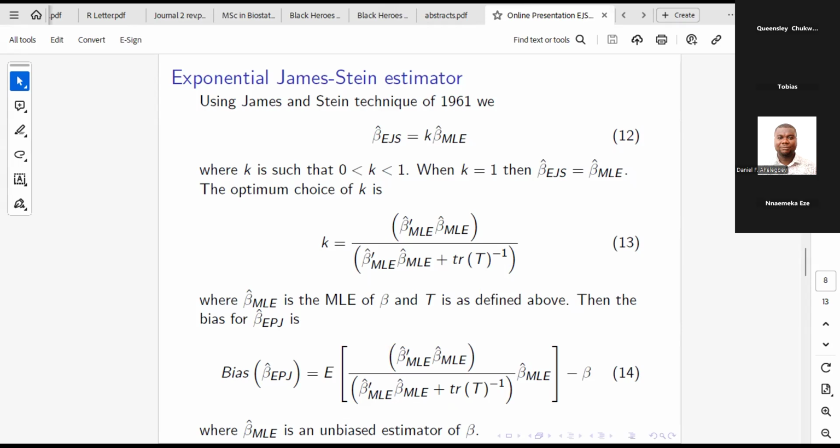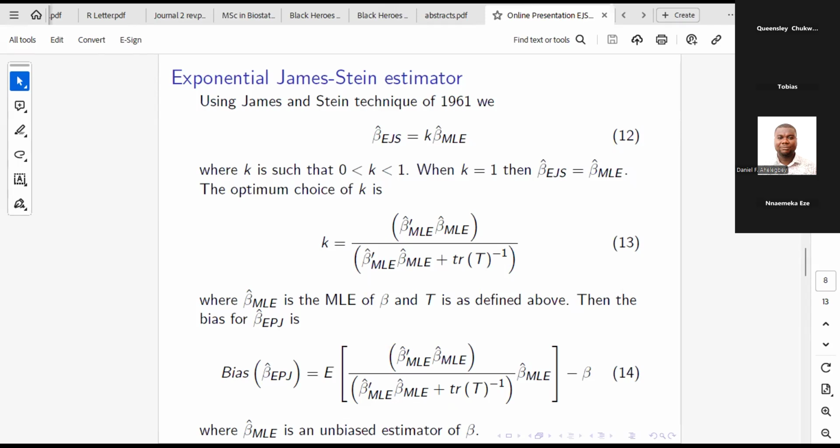Statistically, the bias is calculated by getting the expectation of the estimator and subtracting the parameter it is estimating, which is the representation in equation 14.